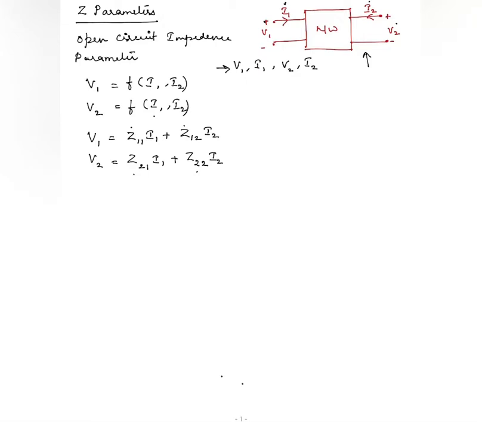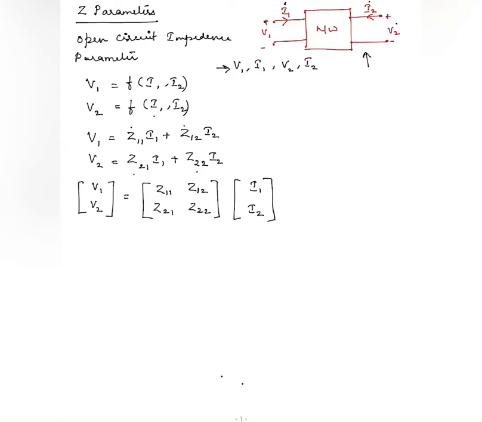Now this can be written in matrix form: V1, V2 equals the matrix Z11, Z12, Z21, Z22 multiplied by I1 and I2.